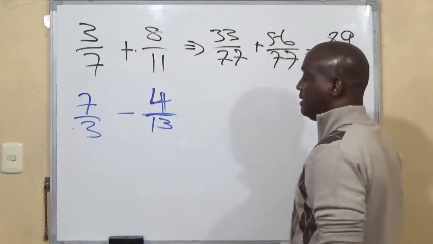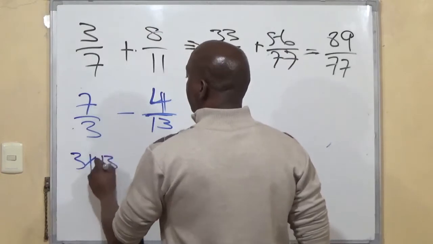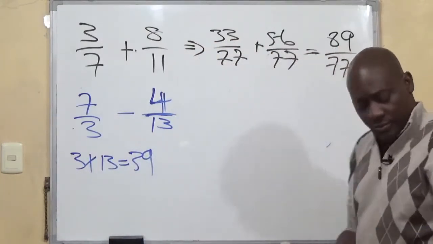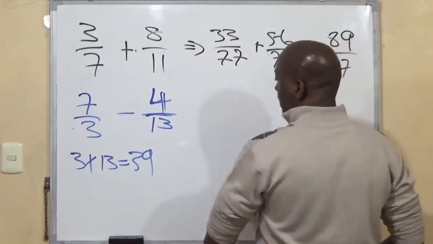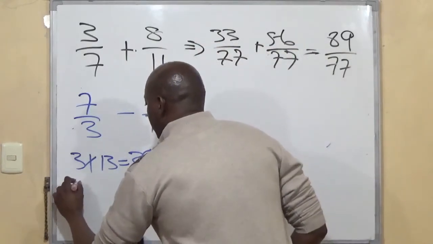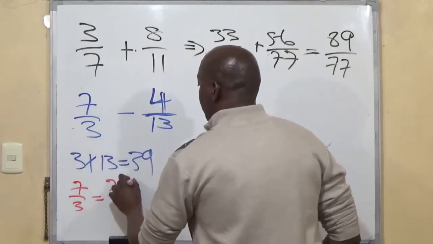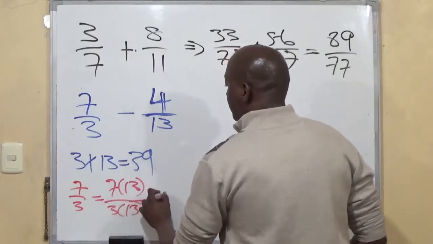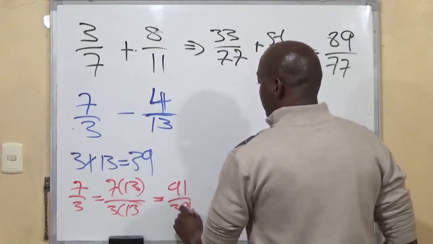We know that 3 by 13 is 39 as the LCM. So we could now say that 7 over 3 is equal to 7 by 13 over 3 by 13. 7 by 13 is 91, 3 by 13 is 39.